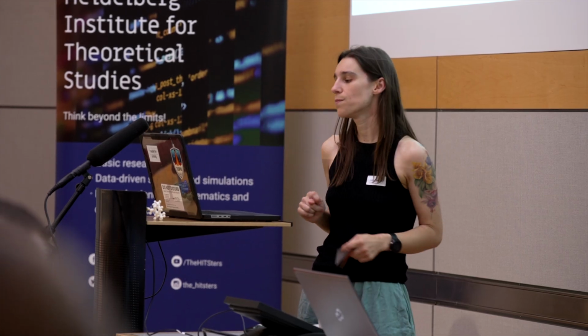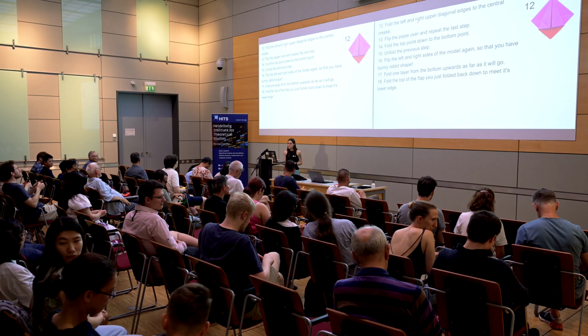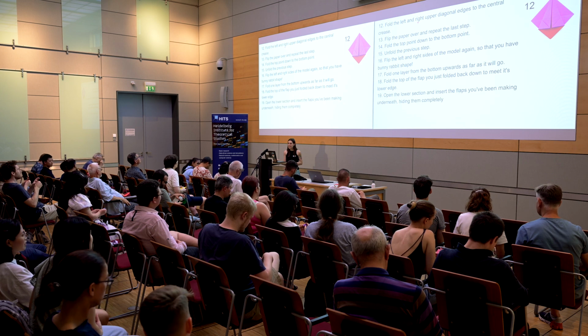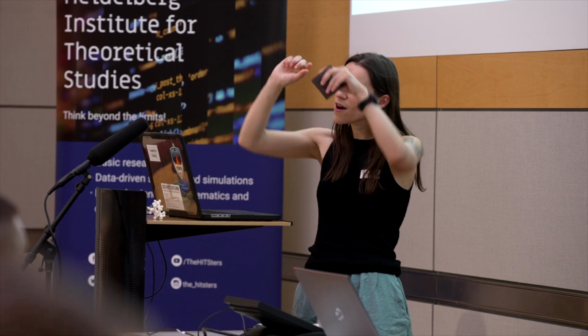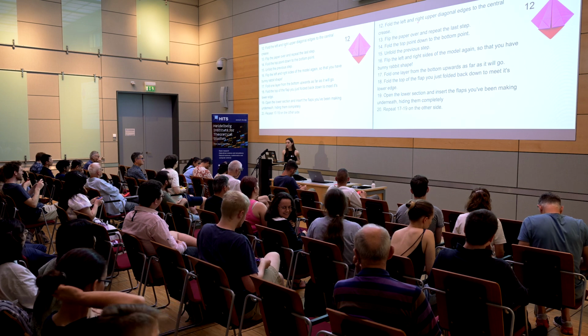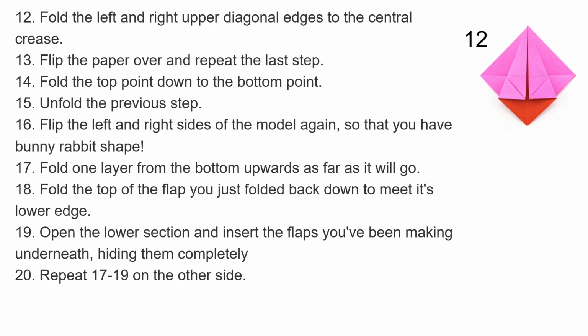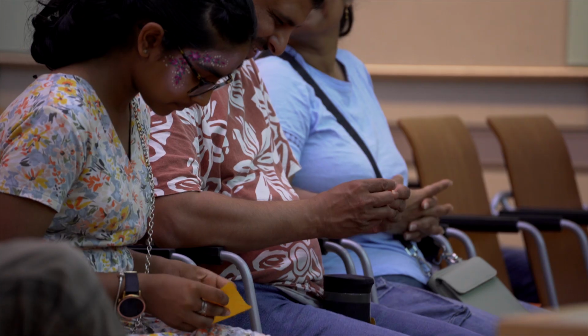So you would have something that you folded up, and then you just get the top and fold it again so that it meets the bottom. Now open the lower section and insert the flaps you've been making underneath it, hiding them completely. So you should have kind of like a pocket at the bottom, and you will fold that flap in. Okay? And then you repeat everything on the other side. Is anyone still doing it? Okay, so let's go.